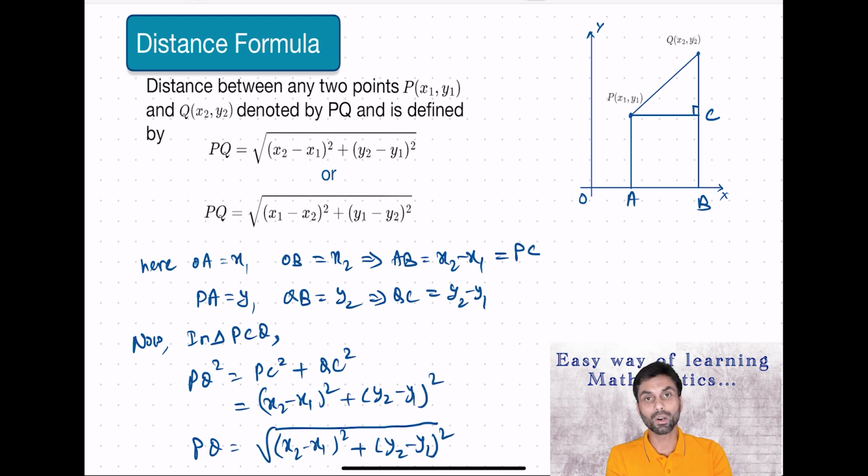Remember, here we are not taking the minus sign when we take the square root, because distance will not be negative. So we'll have the value of PQ as square root of difference of x coordinates whole square plus difference of y coordinates whole square.